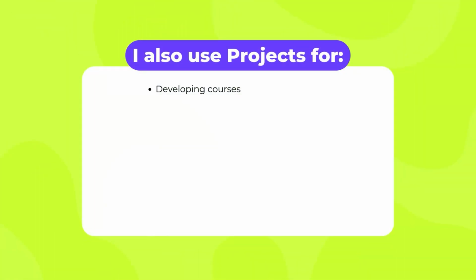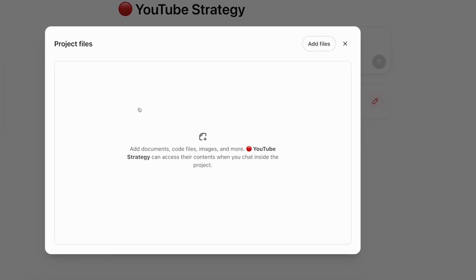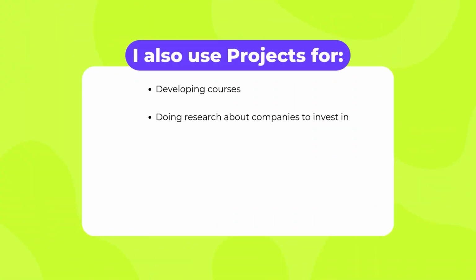First, developing courses. I think it's great because of the files that I can add. Once I have a table of content, I can upload it. If I have some external sources, some material that I use for my research, I can dump it in there, and everything is right there centralized in this hub for my course creation project. Doing research about companies I wanted to invest in, the stock market.